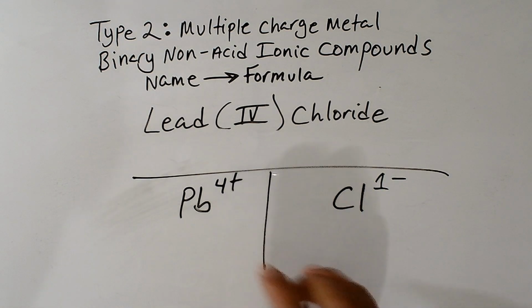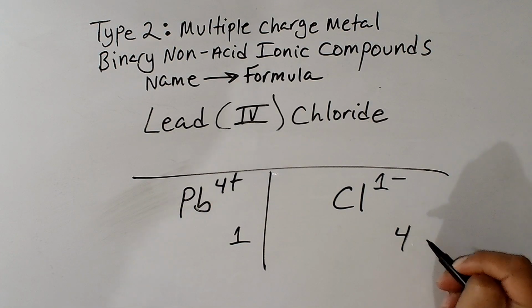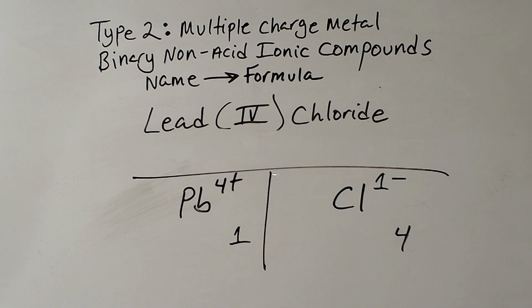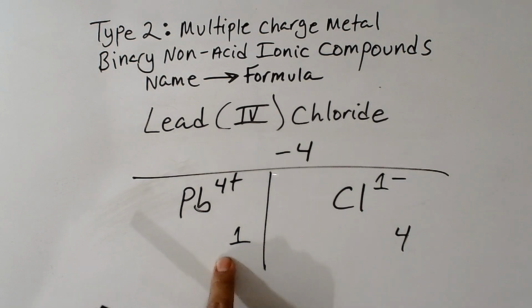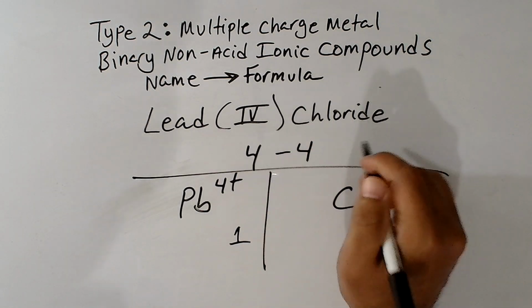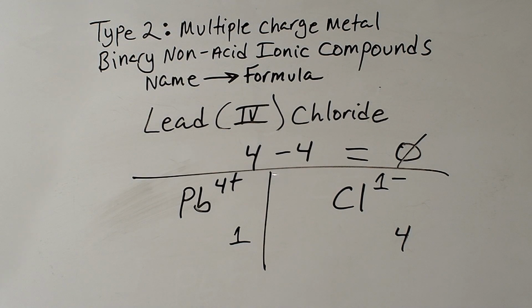The 1 is going to come over here. The 4 is going to come to the right side. Then we need to make sure the total charge of the compound balances to 0. 4 times -1 gives me -4. 1 times 4 gives me 4. So that balanced to 0.